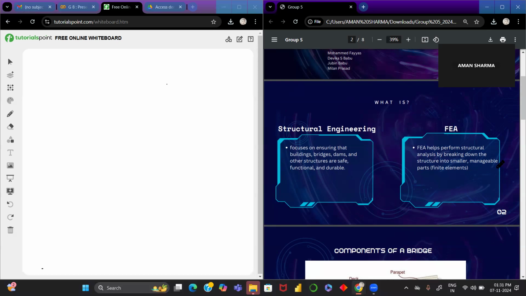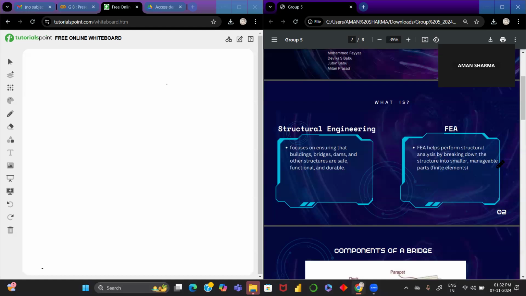Basically, when we want to see how a building reacts to a physical force like wind or earthquake, we can apply finite element analysis. We make the structure into pieces, and we do the finite element analysis on each and every piece. Now I'm going to give the mic to Milan.